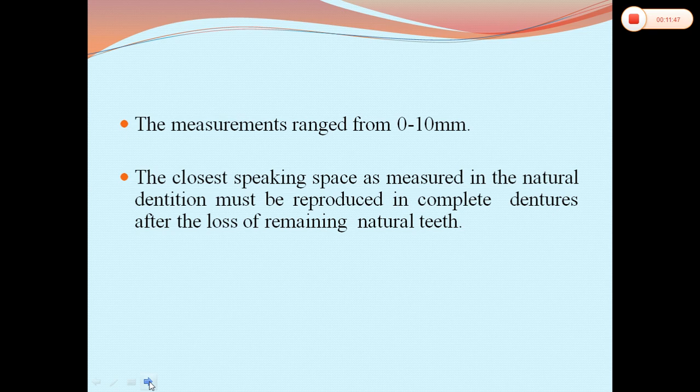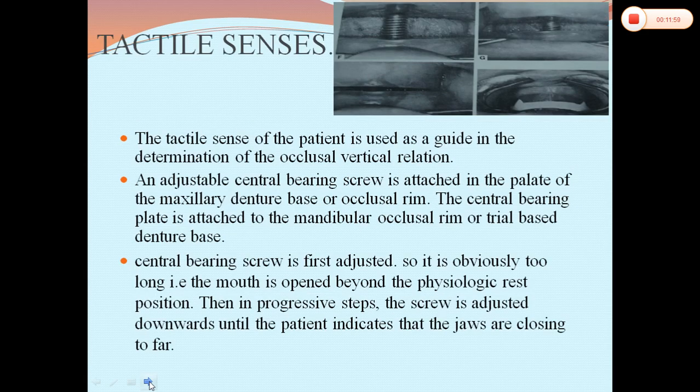The closest speaking space as measured in the natural dentition must be reproduced in complete dentures up to the loss of the remaining natural teeth. The tactile sense. The tactile sense of the patient is used as a guide in the determination of occlusal vertical relation. An adjustable central bearing screw is attached in a plate on the maxillary denture base or occlusion rim.